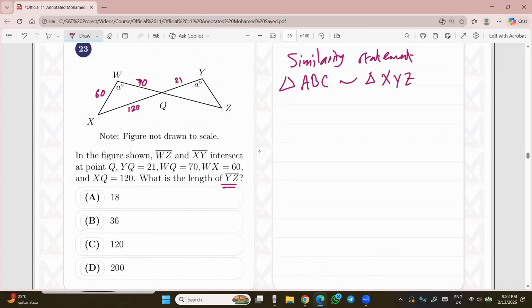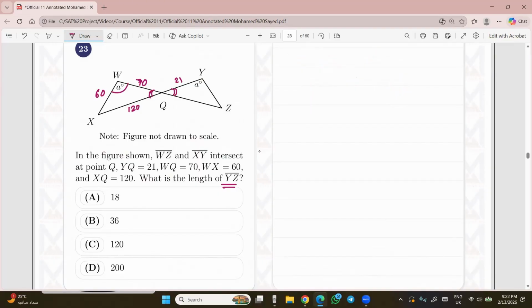In this case, we need to recognize always that A corresponds to X. Or maybe you can say BC has a proportion with YZ and so on. But here we do not have the similarity statement. And this is what makes the question a little bit tricky. But we can think about this. If you see this angle here, and this angle, these are equal because they are vertical angles.